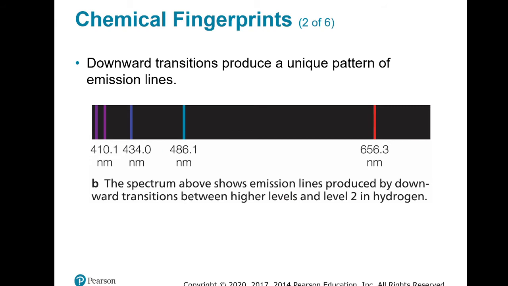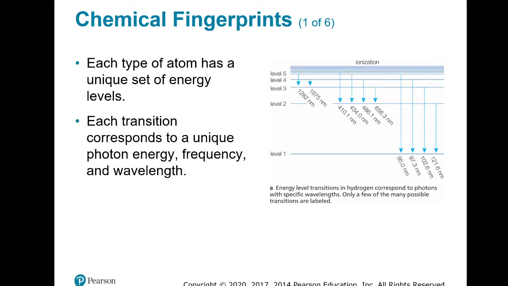The other type of spectrum that we can get is what is called an emission spectrum. So if we have a hot gas, then we will have a gas in which some of the electrons within those atoms are going to be at an excited state.